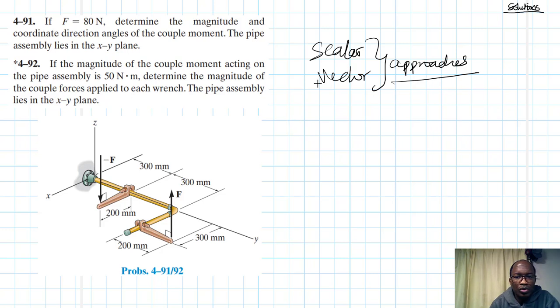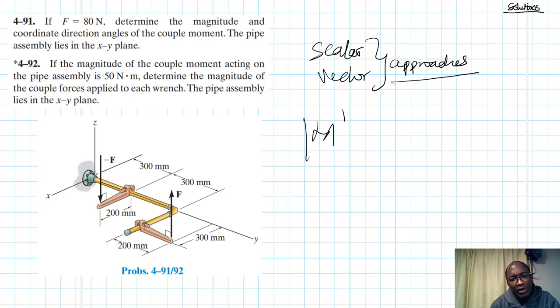For me, I'll choose the scalar, and I'll convert the result into a vector, and then I'll find the magnitude of that particular moment vector, and also find the unit vector along the moment vector, which will give me the directional angles. In the second case, it will just be the opposite.